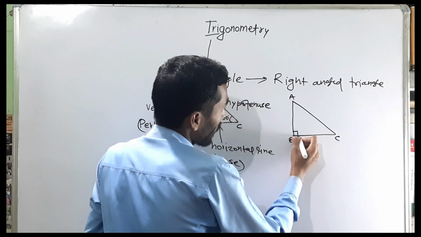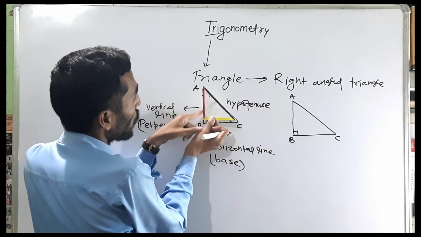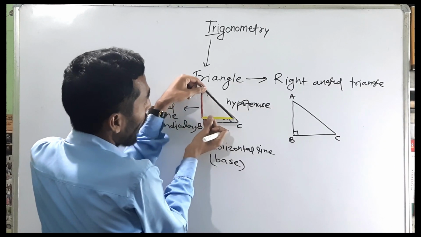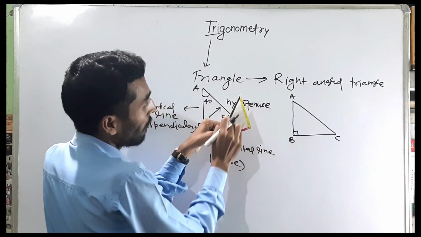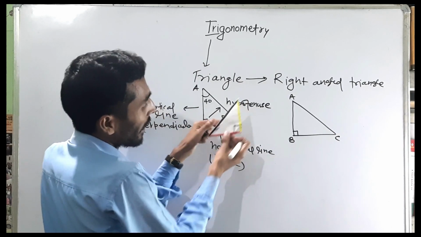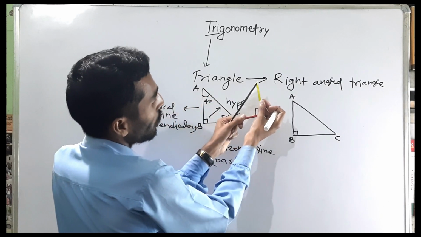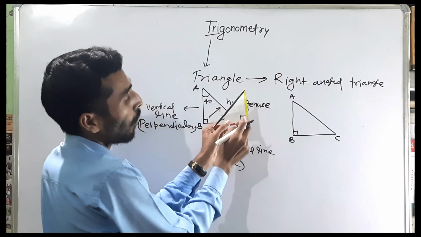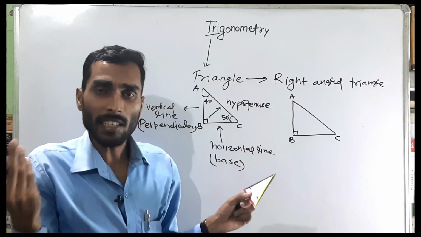AC is the hypotenuse in every case. If you change the orientation, this side is still opposite to the 90 degree angle, so it will be the hypotenuse in each and every case.